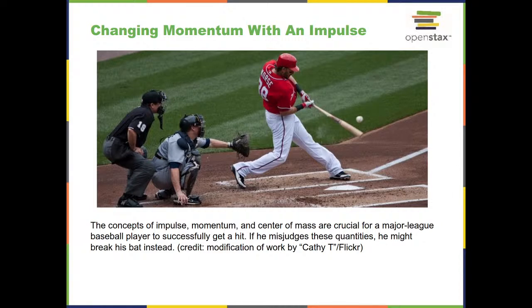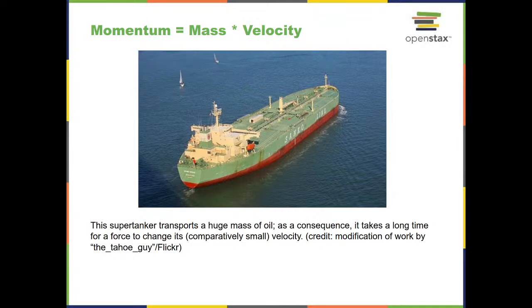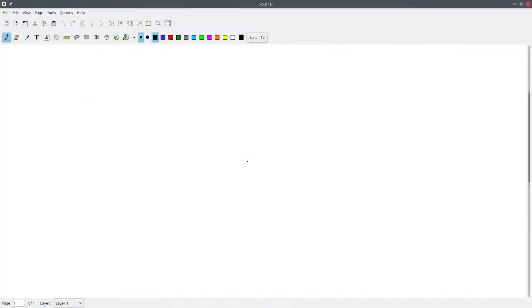So to do that, we're going to introduce the concept of linear momentum. And momentum, as we already introduced earlier, is mass times velocity. So linear momentum in vector form, or in mathematical form, looks like this: p equals m v.